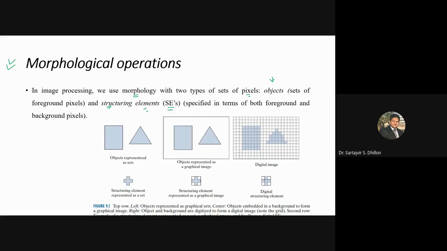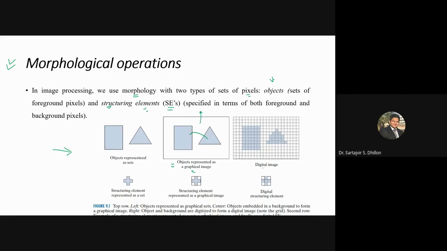Here you can check the upper row, in which the objects exist: a triangle, and another one of a rectangular shape, and another is an example of an object represented as a graphical image. This one is referred to as the foreground, and the rest is the background.